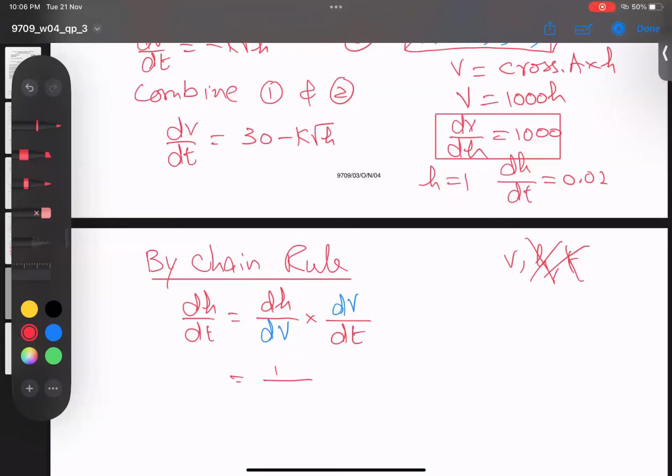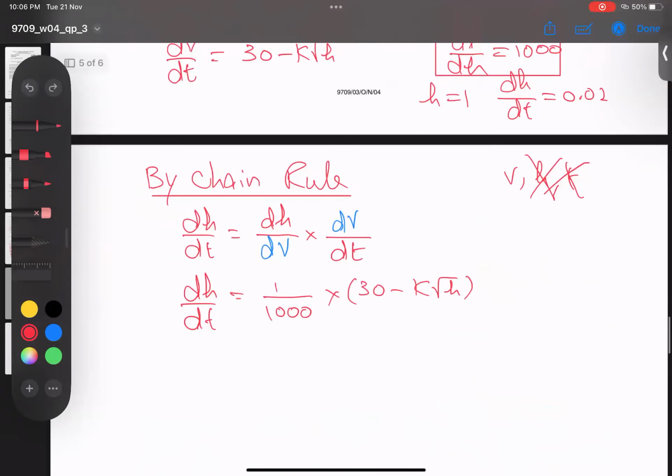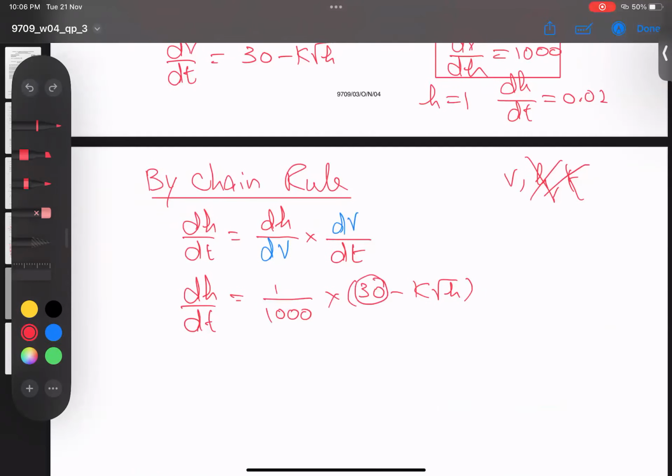So I will use 1 over 1000 into, and this value comes from here, a bracket 30 minus k times 2 root of h. So I'm close to my target.